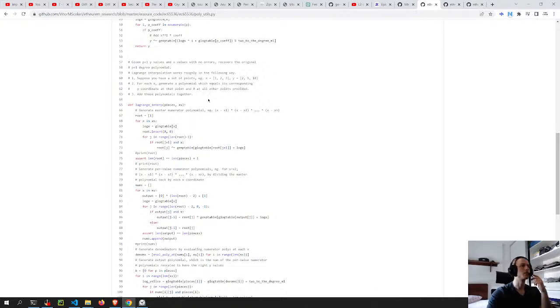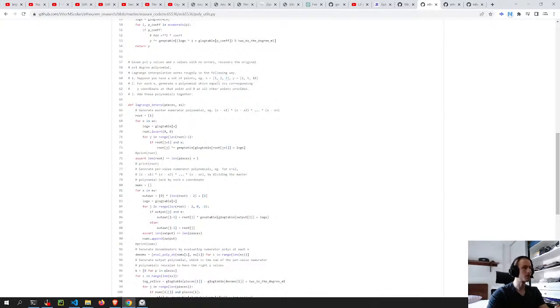Oh, I get it. So you're generating a polynomial where the y is going to be 0 for... what are the other points provided? Like, is this considered to be a point?